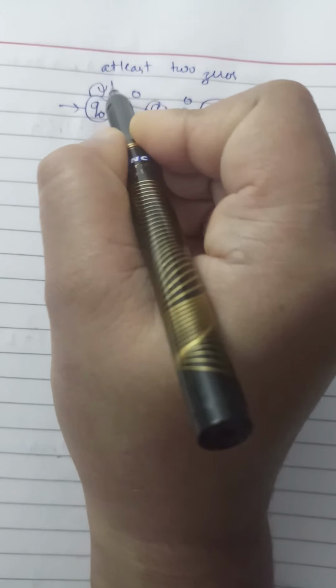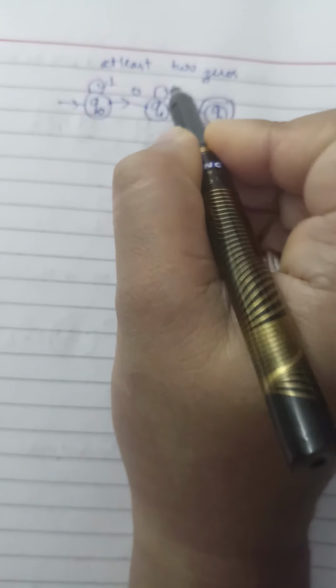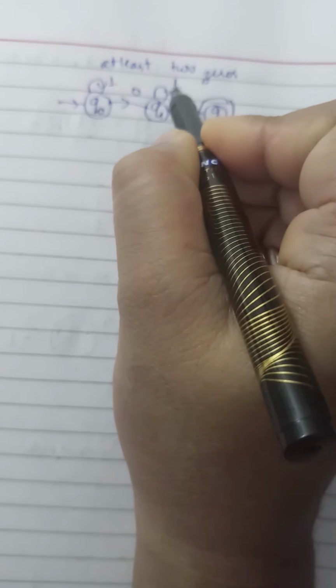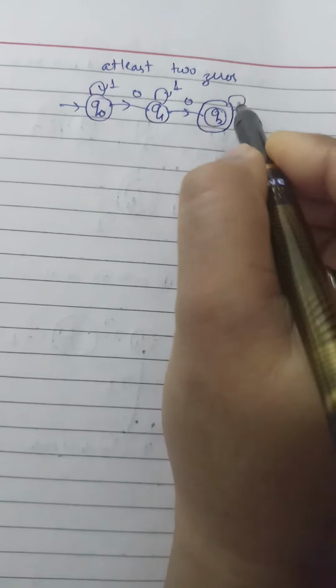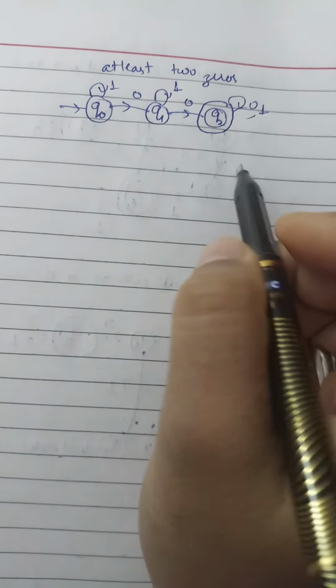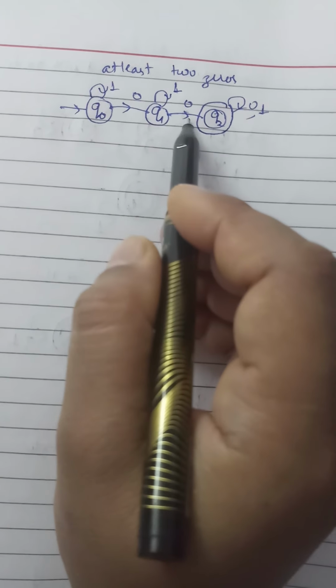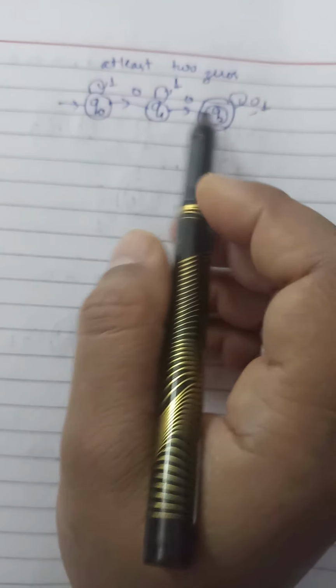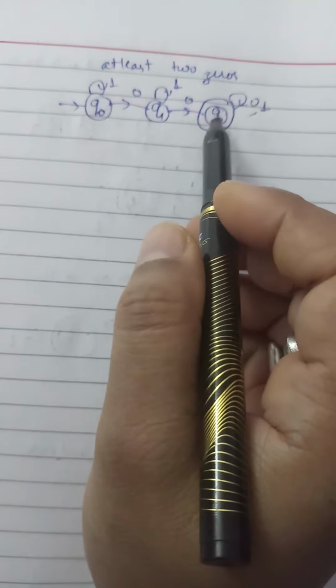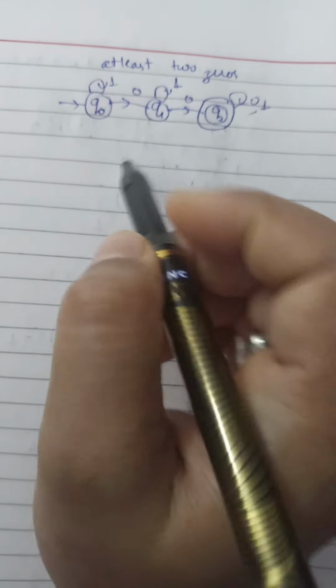The alphabet is 0 1 here, so we can make a loop of 1 on Q naught, a loop of 1 on Q1, and a loop of 0 1 on Q2 because we need at least two zeros. So two zeros are here, more than two zeros are possible, and 1 can be any number of times. So this will be the DFA.